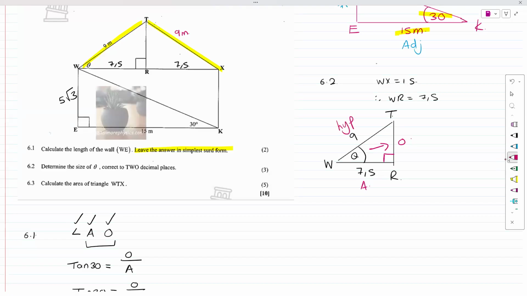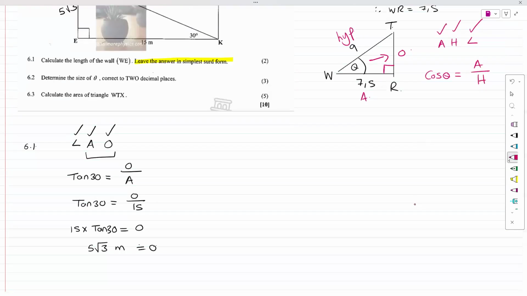So what do we have? You have adjacent and hypotenuse, which is cos. And what do we want to calculate? Theta. So cos of theta equals A over H. Now, guys, this is how we solve for an angle.